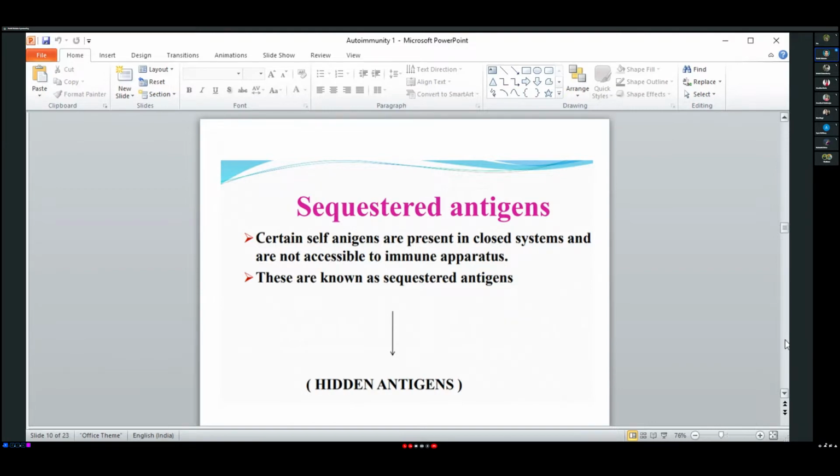Certain self antigens are present in a closed system and they are not accessible to the immune apparatus. These antigens are called sequestered antigens.